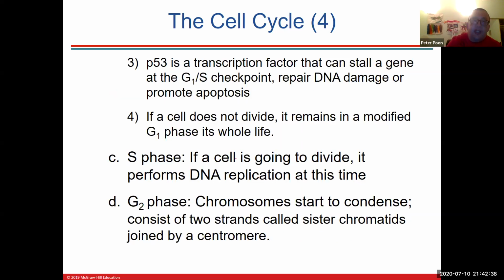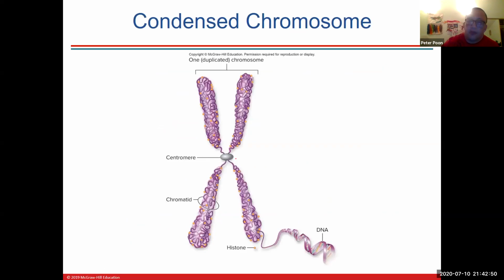So I just explained the G0 thing. This is the P53. This is a connected chromosome. Your DNA is not like this most of the time.